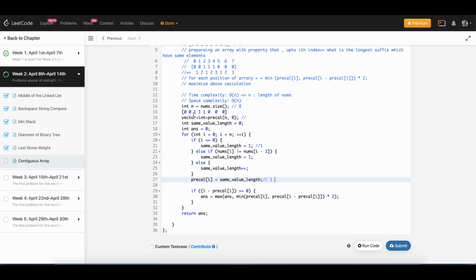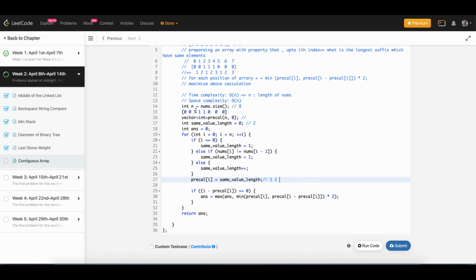Now it goes to the second position, and it doesn't meet this condition either, so it meets this condition, so same length value will be incremented, and it will be 2. Then it goes here and puts it here, so it will be 1 2 in the precal array, and then I minus precal of I, which is 1 minus 2, is not greater than or equals to 0, so it will be ignored.